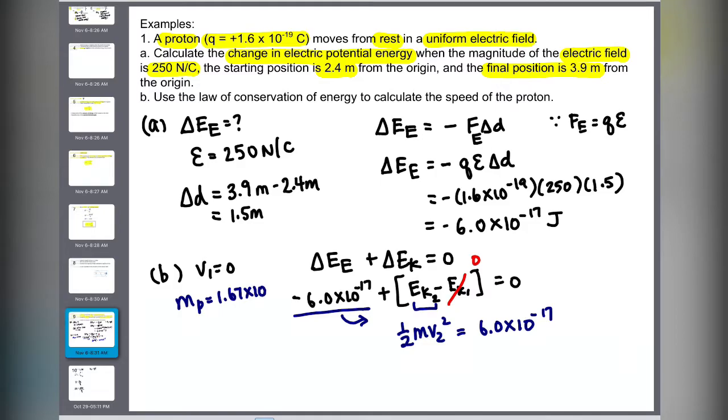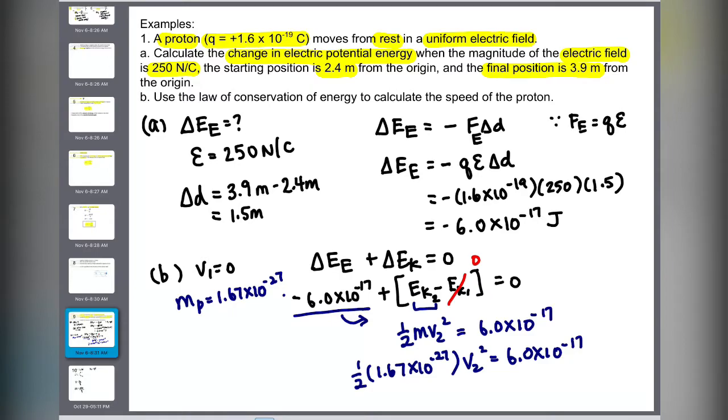The answer is 1.67 times 10 to the negative 27. We have a constants sheet, a picture, in our Google Classroom. So 1/2 times 1.67 times 10 to the negative 27 times v squared is what I'm looking for, and it equals 6 times 10 to the negative 17.